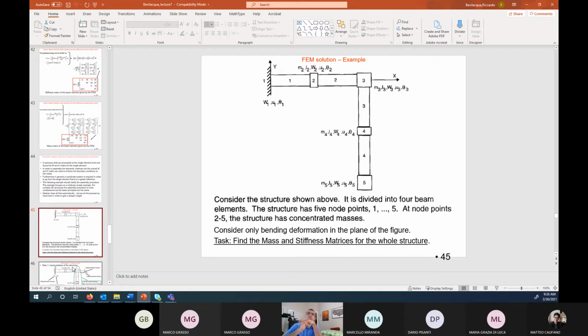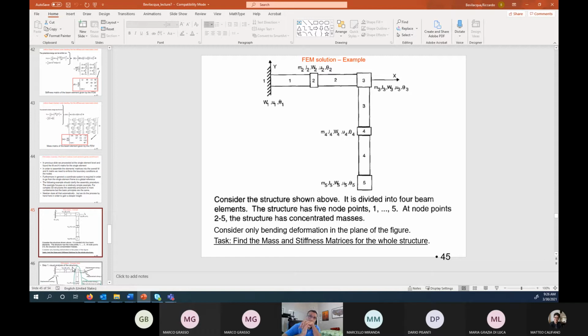It's a cantilevered L-shaped system. We have 4 elements and 5 nodes. Node 1 is the connection of element 1 with the ground, with the wall. Node 2 is connecting element 1 and 2, and so on and so forth.